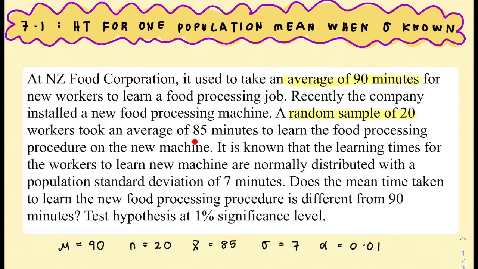Took an average of 85 minutes, this will be your x bar equal to 85. What else do you have? Population standard deviation of 7. This is your sigma equal to 7. Then the last one, you have the 1% significance level. This is your alpha value 0.01.